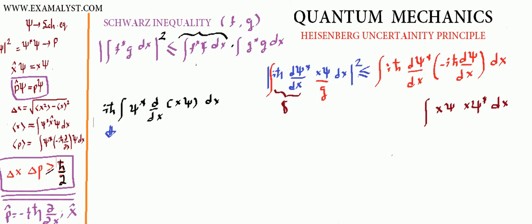Why do we want to do this? The reason is, if you have a clever look at the terms, you'll see that the red term is nothing but the expectation value of p square. If you look at the terms on the right hand side, the first one is the expectation value of p square, and the second one is the expectation value of x square.